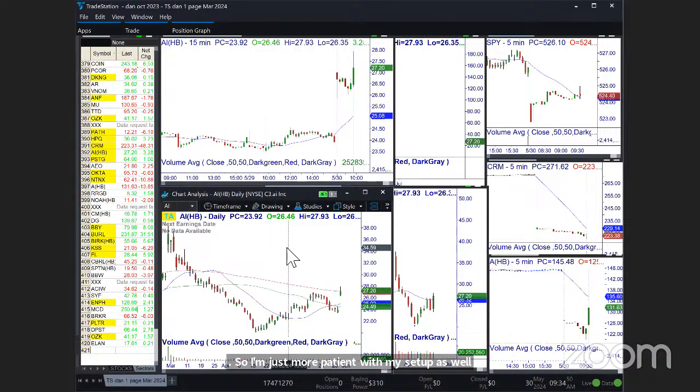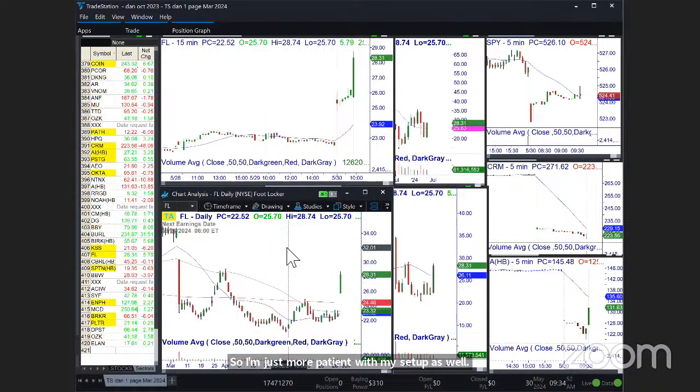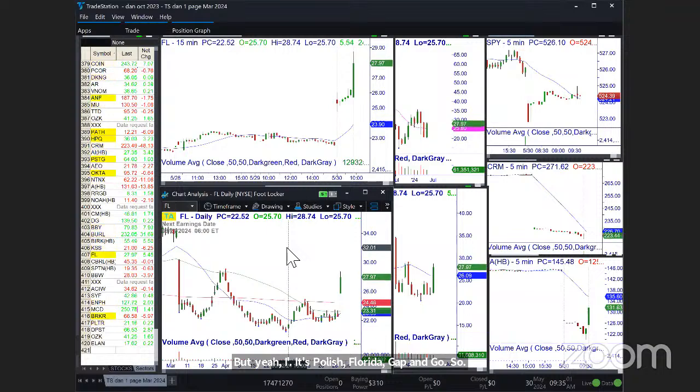But yeah, I mentioned it's a bullish gap and go, so can't do anything with that. Oh, I had an alarm, LSPD at break even. That's why it went off early.